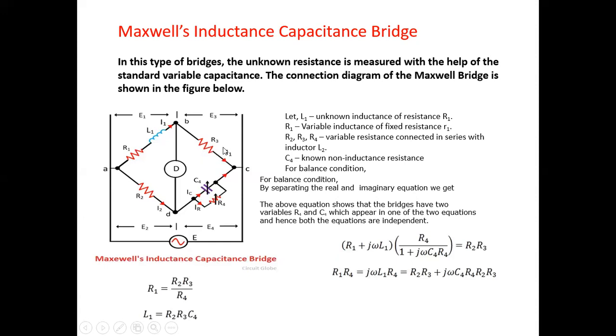In the third arm, there is resistance R3. And in arm 4, there are a variable capacitor and a variable resistor connected in parallel. The source is connected between A and C, and the detector is connected between B and D.